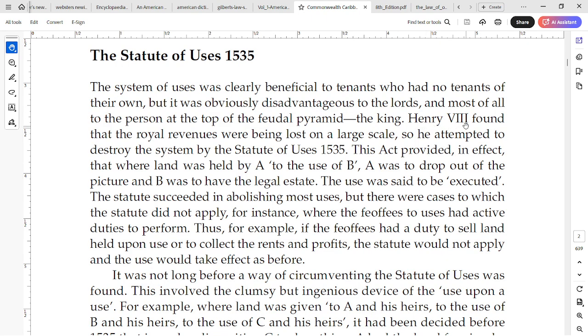So Henry VIII found that the royal revenues were being lost on a large scale. So he attempted to destroy the system by the Statute of Uses of 1535.